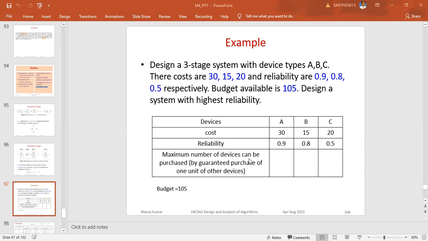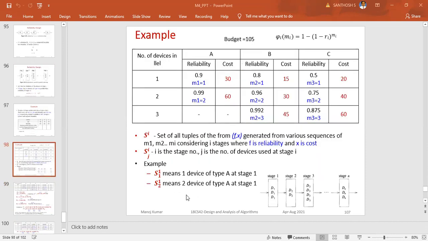Now we find the maximum number of devices that can be purchased given the budget of 105. Devices in parallel: 1, 2, 3.